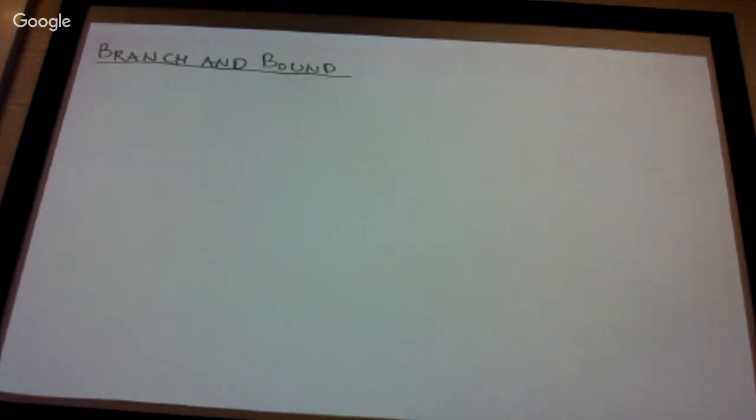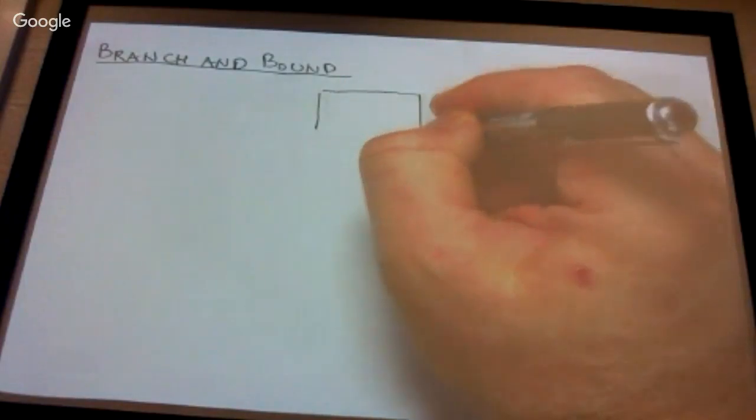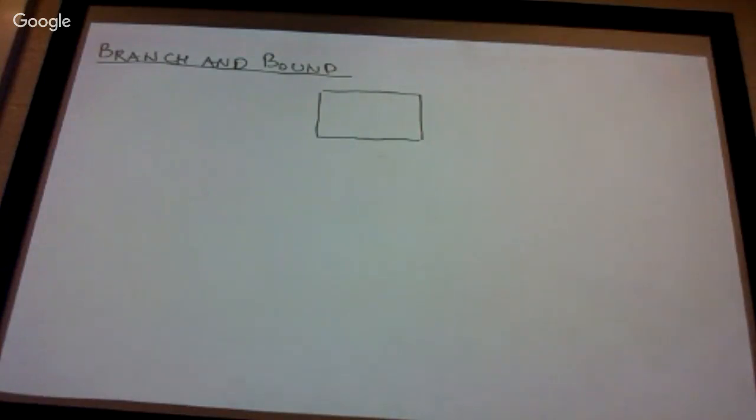So let's first explore the branching idea. I'm going to draw a tree. Usually, you capture the whole set of solutions in a tree-like structure. At the top, we have the problem that we're trying to solve, which is the problem of finding the best match between the boys and the girls.